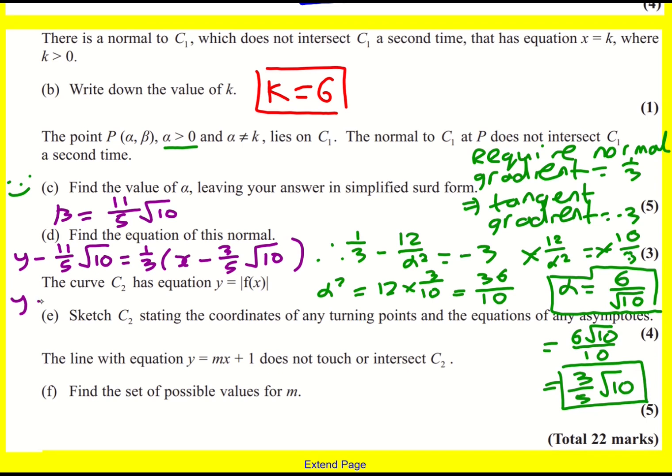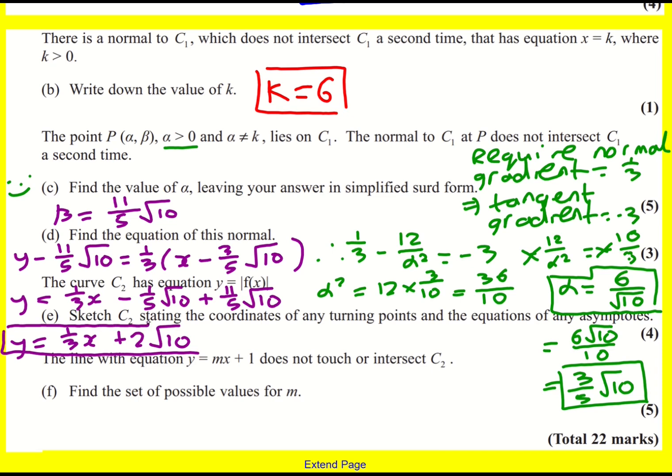So y will equal a third x minus a fifth root 10 plus 11 fifths root 10. This becomes 10 over 5 root 10, or simply 2 root 10. So it simplifies really nicely. Good.